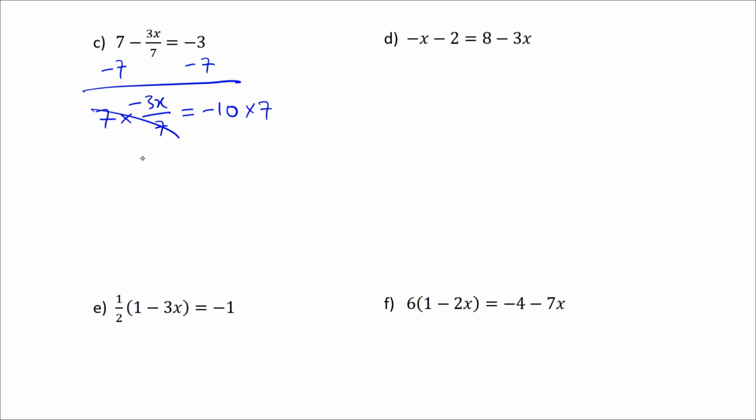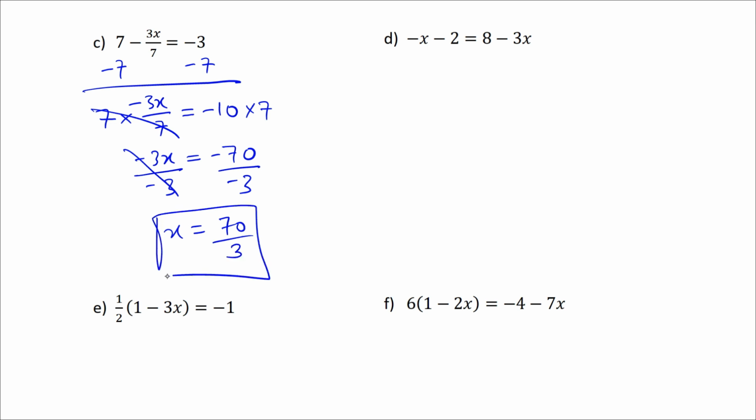And these two will cancel, because 7 over 7 is 1. So negative 3x will be equal to negative 70. And then because we want to be left with x alone, the opposite of multiplying by negative 3 is dividing by negative 3. So x will be equal to 70 over 3.